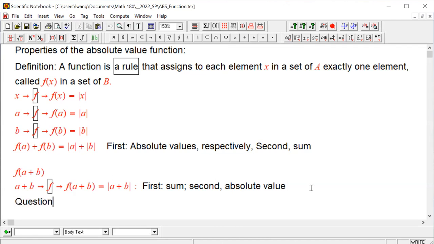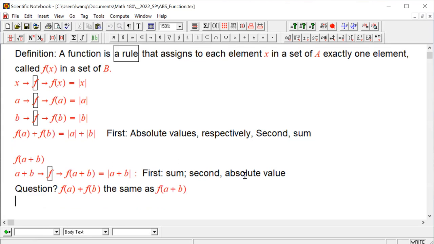Is the absolute value of A plus the absolute value of B the same as f of A plus B, the other one?